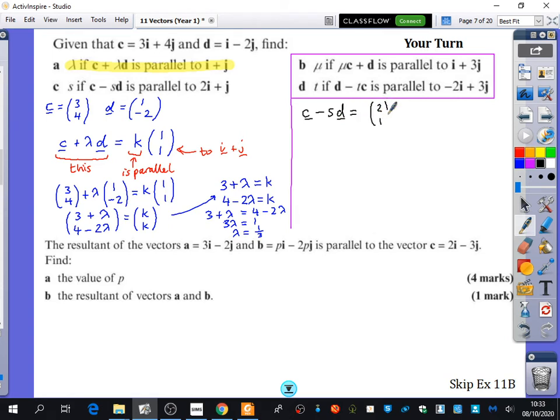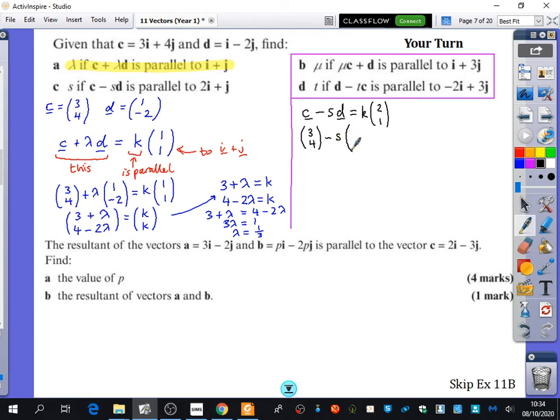What am I going to say for is parallel to? K. So I've changed that sentence that they've written here and translated it into a mathematical sentence. Now that I have a mathematical sentence, I can start solving. So C is 3, 4. I hate the fact they've used the letter S because it looks like a 5, so just make sure that your S looks like an S and not like a 5.